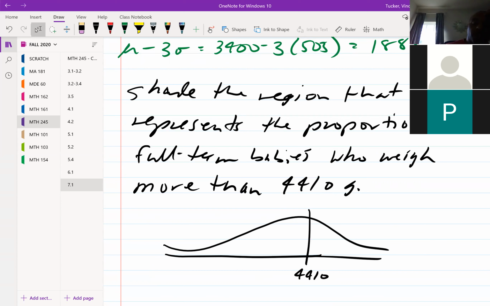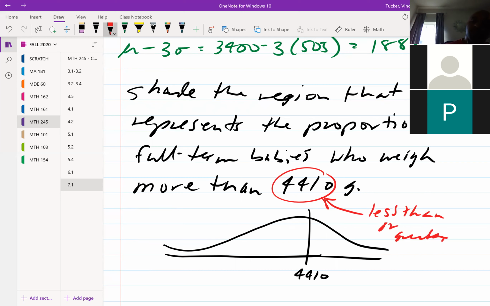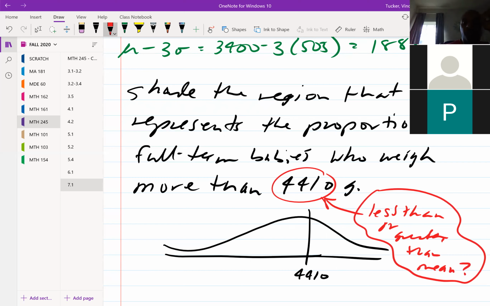So if you're going to do a generic shading, first thing you have to ask yourself, is this value less than or greater than the mean. Because that would dictate whether it would be on the right side or left side of the mean. If it's less than the mean, then it would be further to the left.